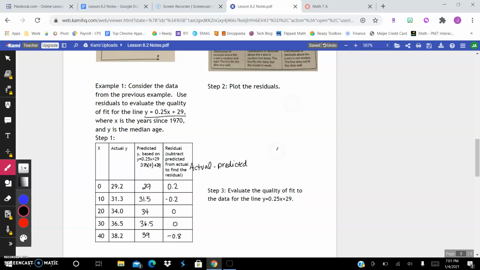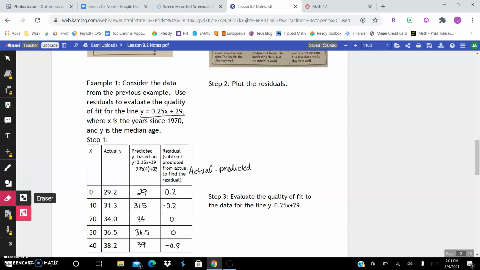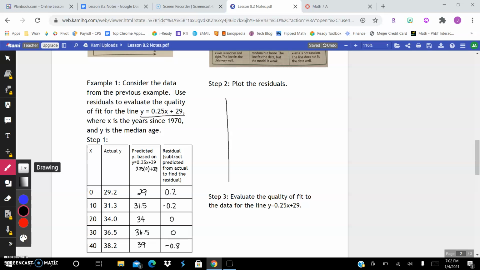And then we are going to plot these residuals. So I'm going to erase this so it's out of my way here. And this is my x-axis. So remember we have 10, 20, 30, and 40. And then our residuals go from -0.8 up to 0.2.